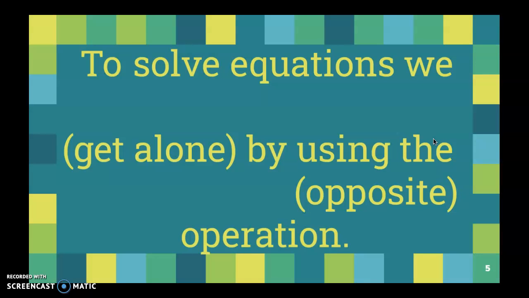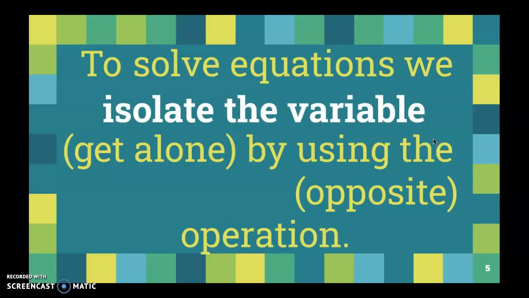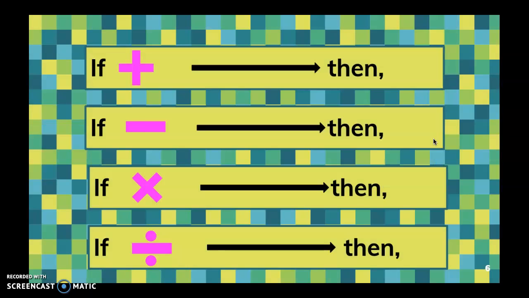So as we move on, we're going to solve equations. We want to isolate the variable, meaning we want to get that variable alone because we want to find out what it's equal to. We do that by using our inverse operations, that's the opposite operations. If I see adding, my inverse operation would be subtracting.